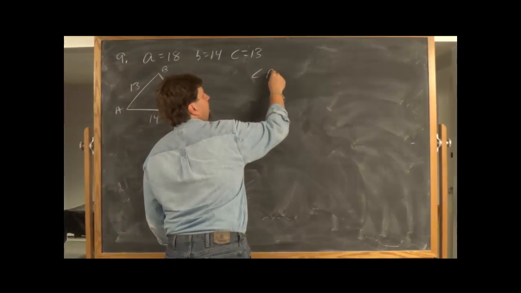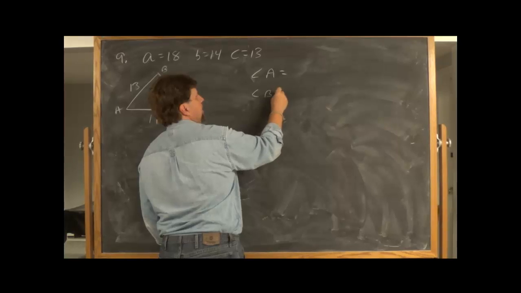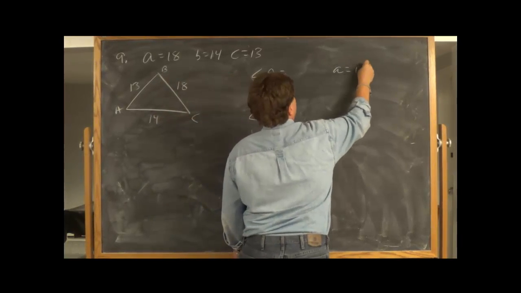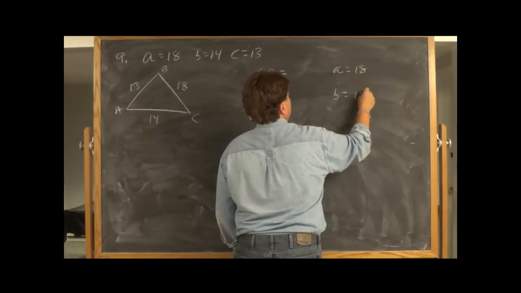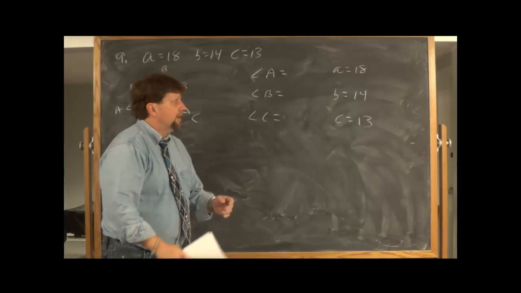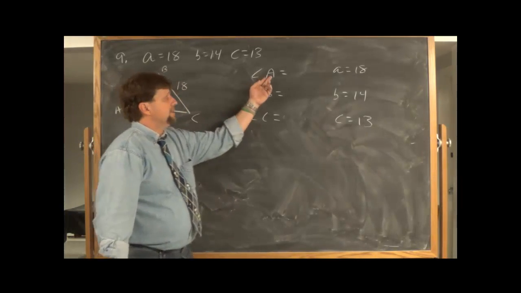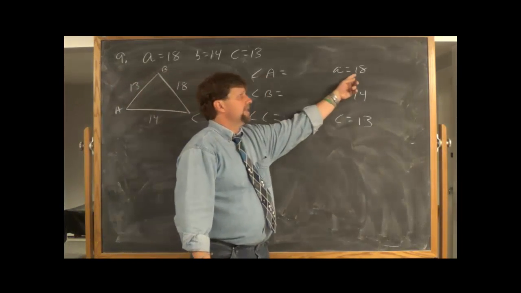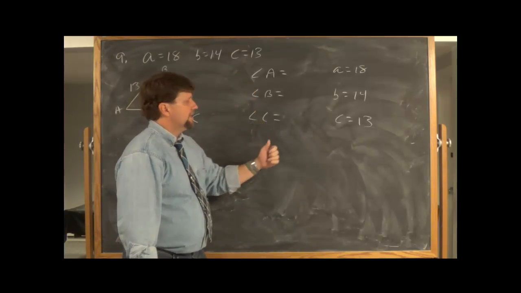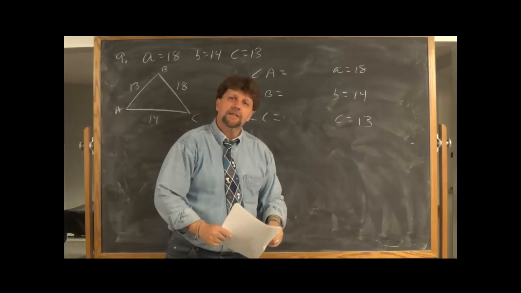I need to find the measure of all 3 angles. Now look, before I do any work at all on this problem, I know angle A is going to be the largest angle because side A is the longest side. And I know angle C is going to be the smallest because side C is the shortest side.